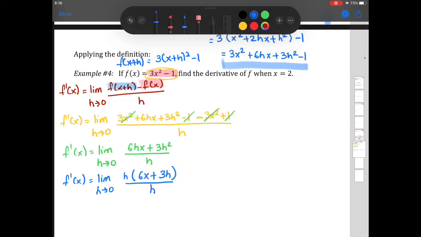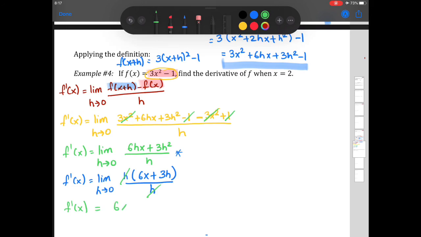Right? I couldn't apply the limit in this step because if I did, my denominator would have been 0, and that is not defined, so we couldn't do that. So that's why we had to simplify it further. Okay, always keep that in mind. Anytime you get a denominator of 0 when you're working with limits, there must be more simplification to do. So the h's cancel out and you're left with, apply the limit.